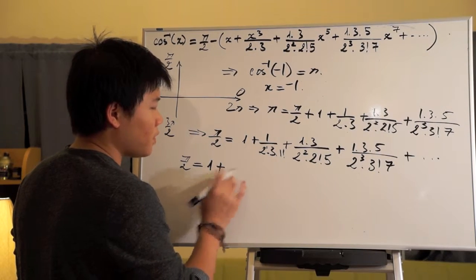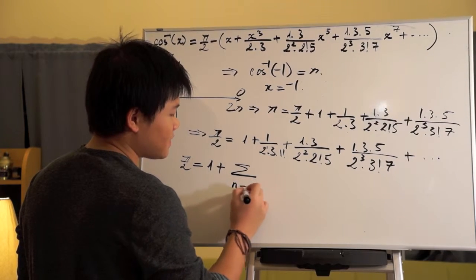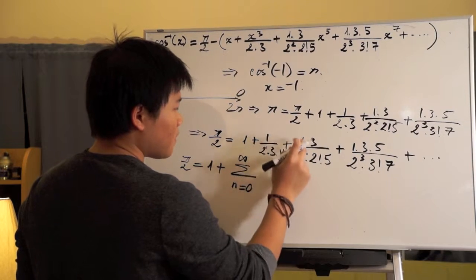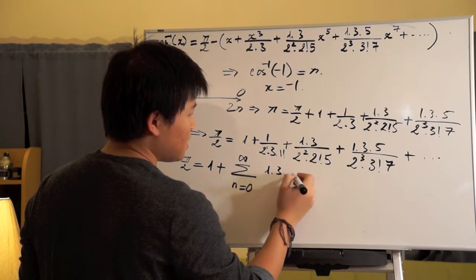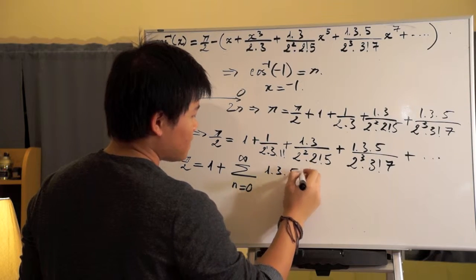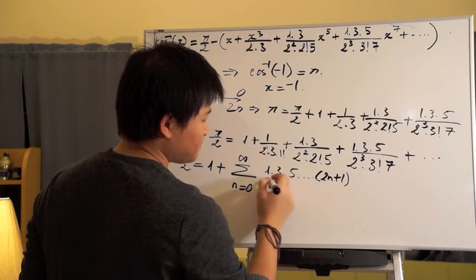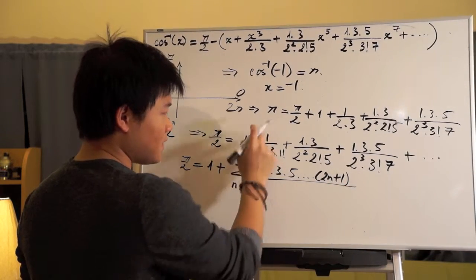So we have 1 plus, and it depends on where you start. Let's just say start at 0, go to infinity. Here is 1 times 3. So we may have 1 times 3 times 5 times up to 2n plus 1, right? Because we put the 1 here, so it started at this term.